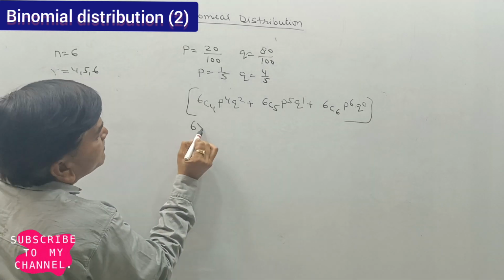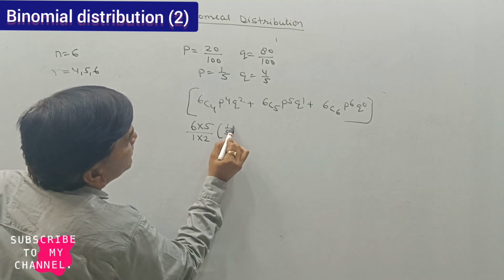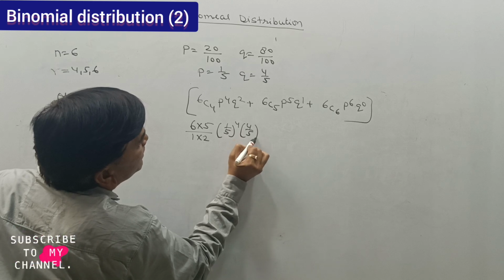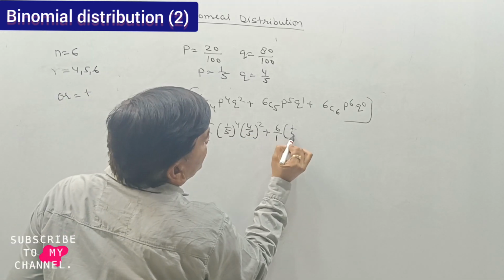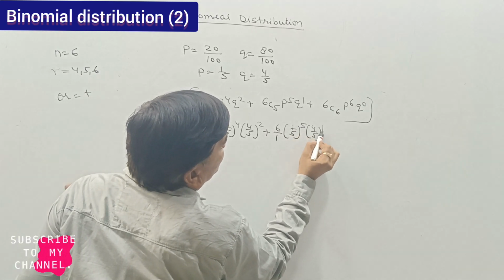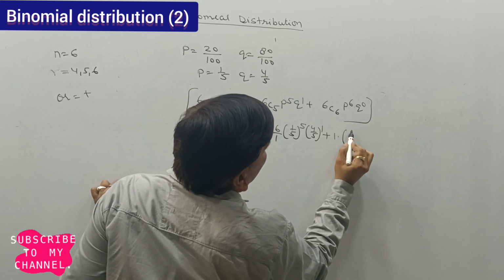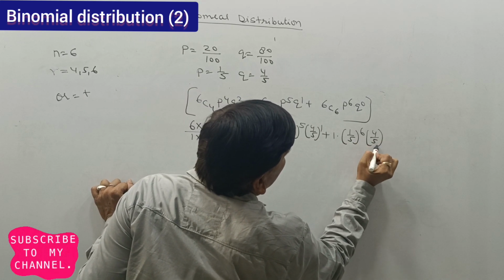So that is 6 multiply 5 by 1 multiply 2, 1 by 5 raised to power 4 and 4 by 5 raised to power 2. 6 divided by 1, 1 by 5 raised to power 5 and 4 by 5 raised to power 1. 6C6 is 1, 1 by 5 raised to power 6 and 4 by 5 raised to power 0.